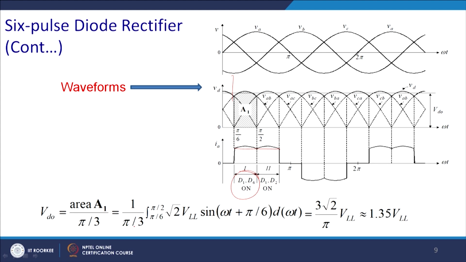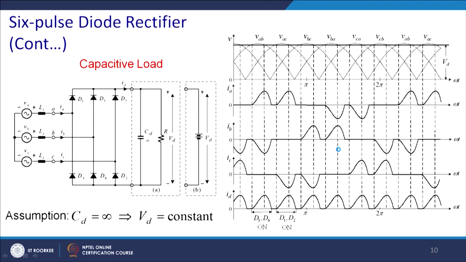You can apply this integration, pi by 6 to pi by 2, root 2 VL sin(omega t plus pi by 6) d omega t, equal to 3 root 2 by pi times the line to line voltage, that is 1.35 of the line to line voltage, that will appear as the DC voltage in the case of the diode bridge rectifier. So, you can calculate the line to line voltage in RMS, just multiply by 1.35, and that will be your DC average voltage.